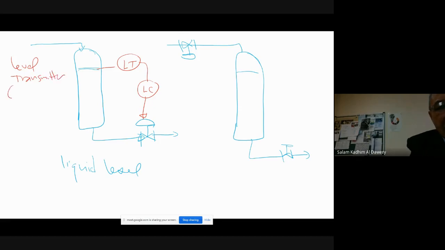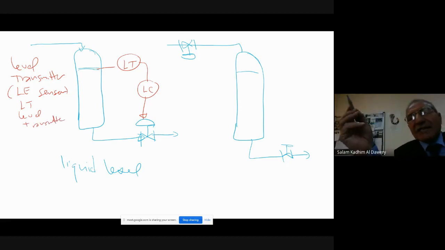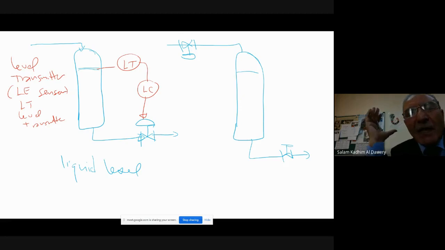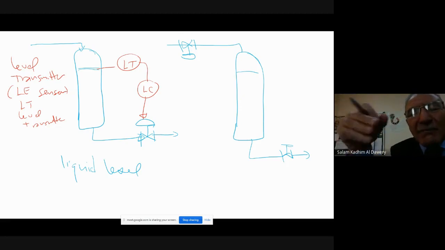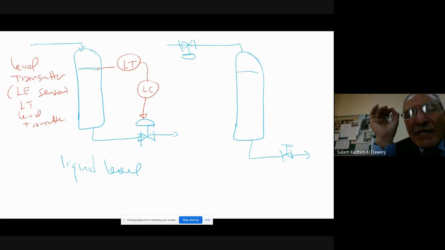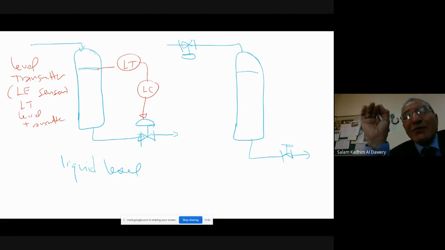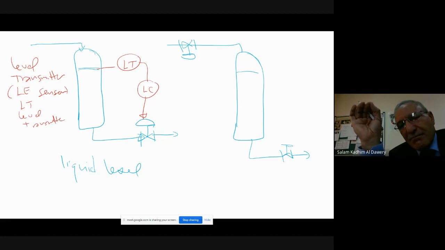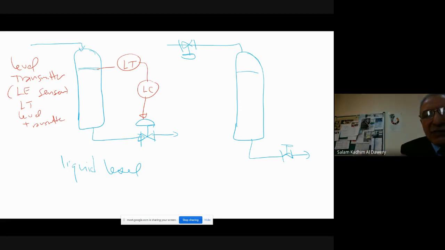The level transmitter consists of a level element, which is the sensor, and a level transmitter to convert the sensor signal to another. So when we write level transmitter, temperature transmitter, concentration transmitter, you name it, pressure transmitter, it always consists of an element, the sensor. These are three elements, as you can see.